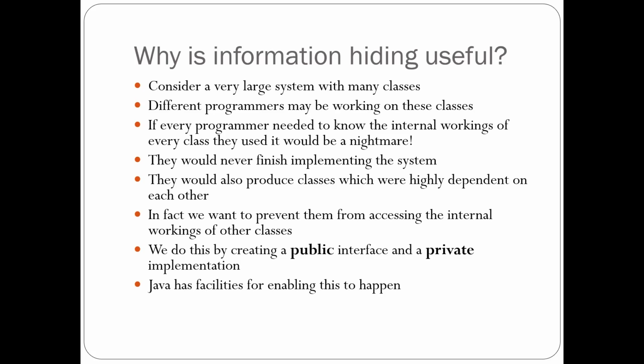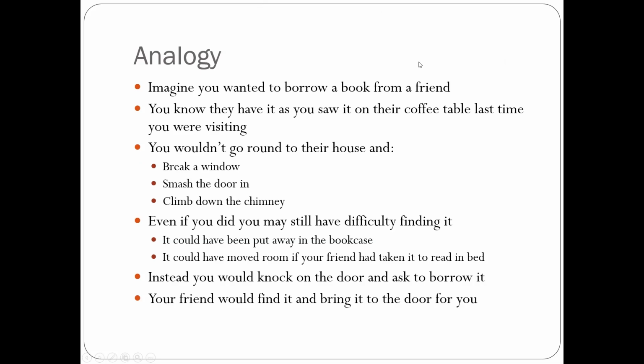Let's take a very simple analogy. You want to borrow a book from your friend. You know that they've got it; last time you were around the house, you saw it. You wouldn't go to their house, break in through the window, or through the door, or climb down the chimney to get it.